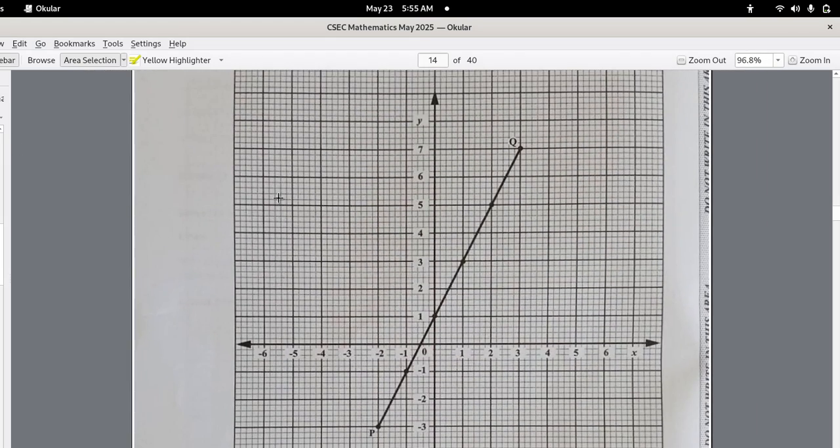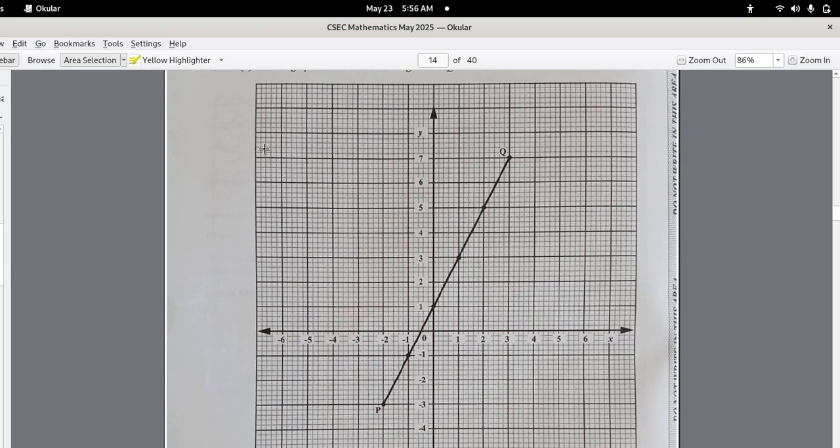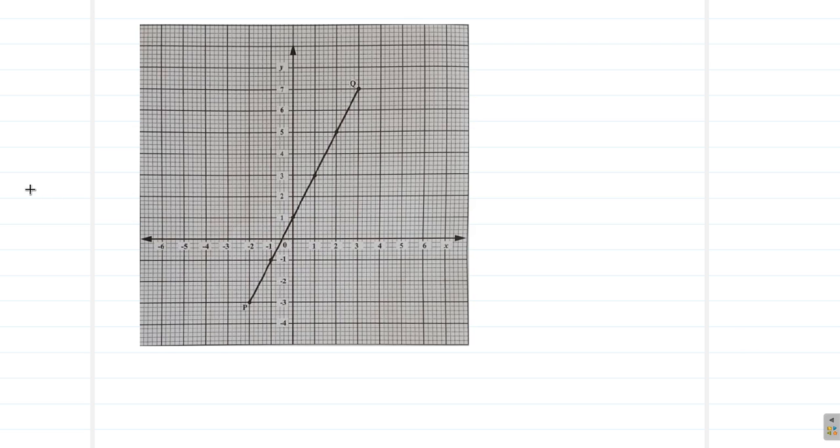Now, let's copy and place this graph over the other screen, and we look at yet another way that you could use to find the gradient. So they want the gradient of the graph.